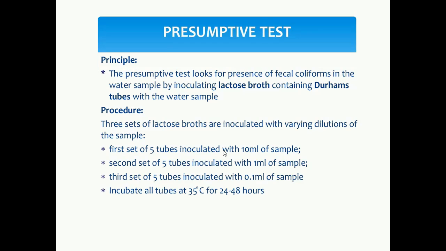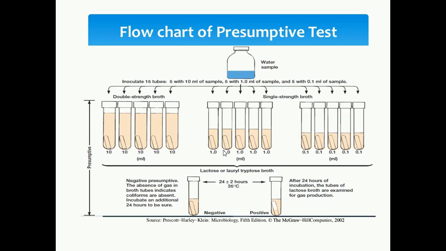Second set of 5 test tubes inoculated with 1 ml of water sample. Third set of 5 test tubes inoculated with 0.1 ml of water sample, and these 15 test tubes are incubated at 35 degrees centigrade for 24 to 48 hours. Flow chart of presumptive test. Here we are observing 15 test tubes.